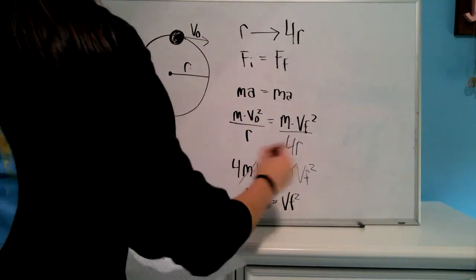Then I'm just going to take the square root of each side. And I know that my final velocity is going to be twice the original velocity.